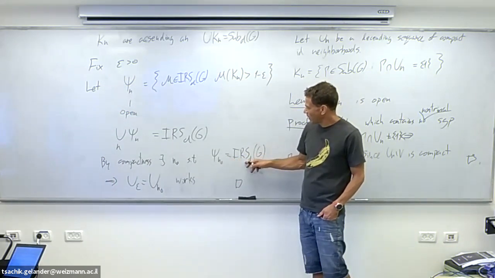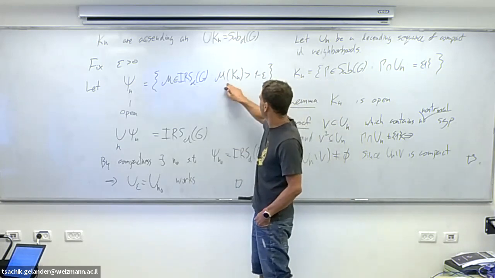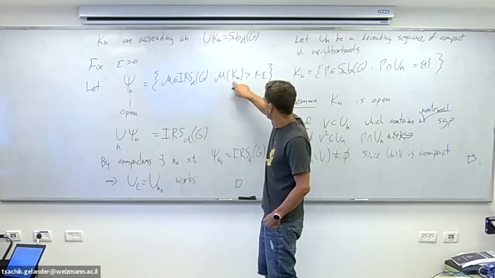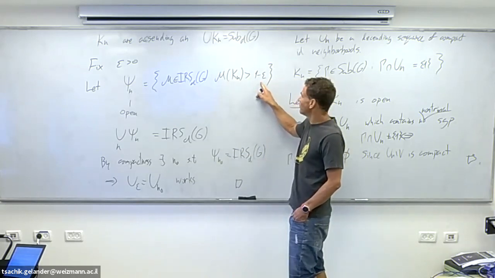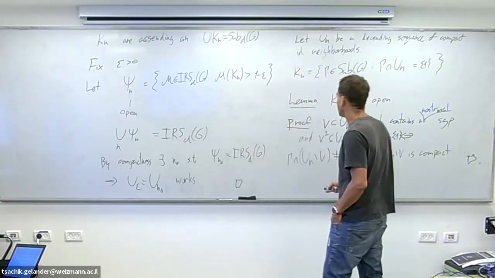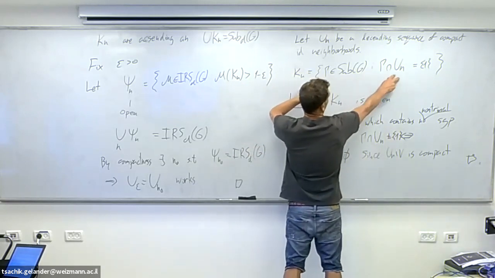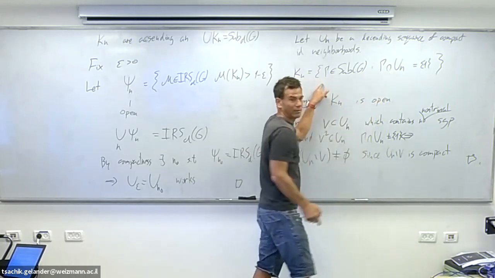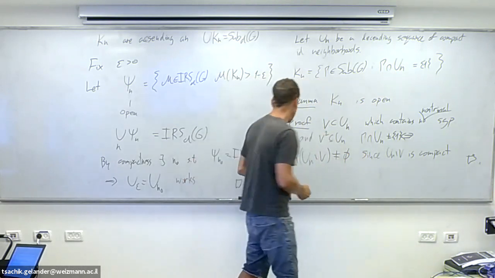It means that every IRS is in psi n0, so for every IRS, the measure of Kn is at least 1 minus epsilon. It means that for every IRS, the probability that you intersect UN trivially is smaller than epsilon, which is exactly what we wanted.